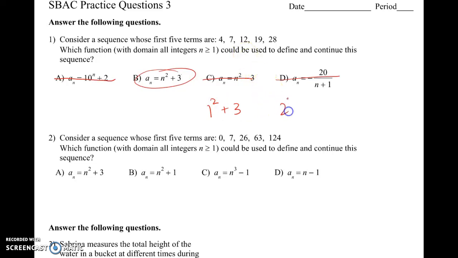And then 2 squared is 4, and I'd have to add 3. And so when I see a pattern like that, I could think n squared plus 3. So see how it's the first term, second term, third term would be this one. So you can either plug it in, or you can try to look at what the rules are for it.